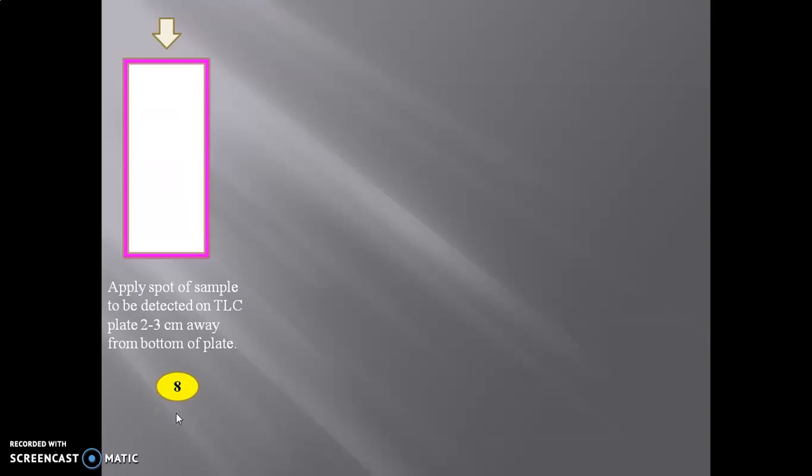Now, meanwhile, prepare the sample solution and apply the spot of the sample solution to be detected on a TLC plate, 2 to 3 cm away from the bottom of the plate, to avoid dissolution of the spot in the mobile phase.